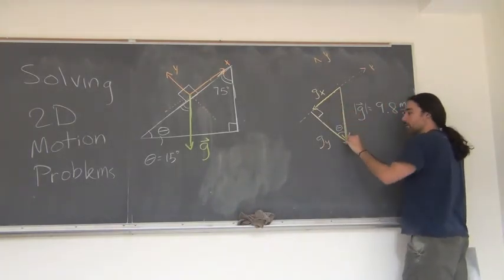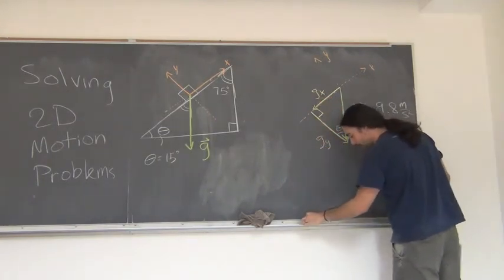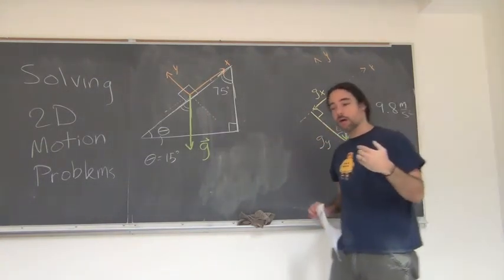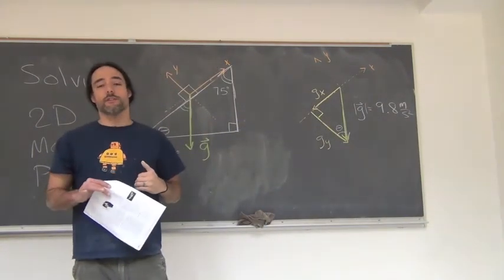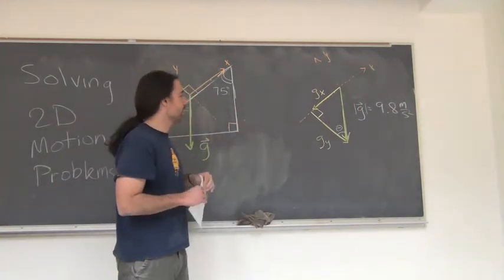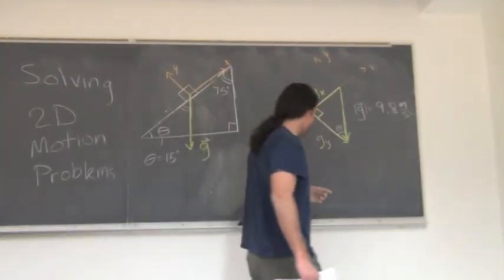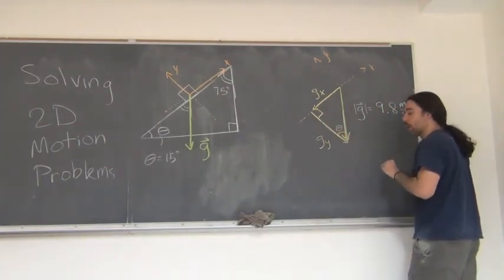But I have my hypotenuse here. I have my theta, I have my gx, my gy. It's the same breaking into components that we did in other triangles. The only thing that's a little bit different is the triangle is rotated by a screwy angle. But that doesn't matter. We can still use SOHCAHTOA to figure out what gx and gy are.